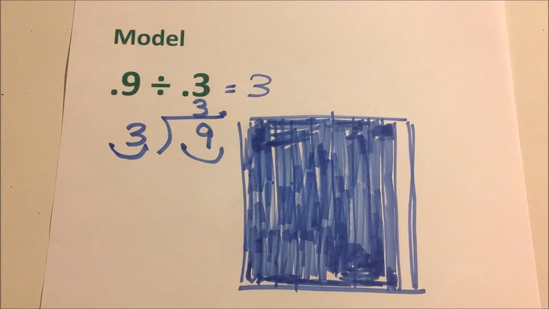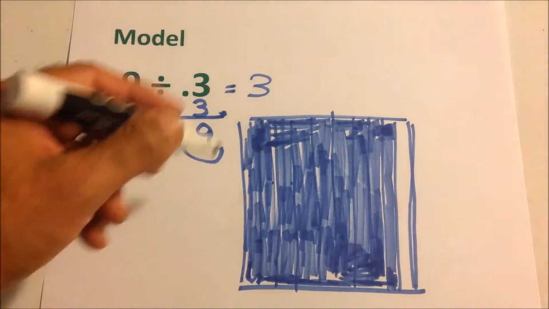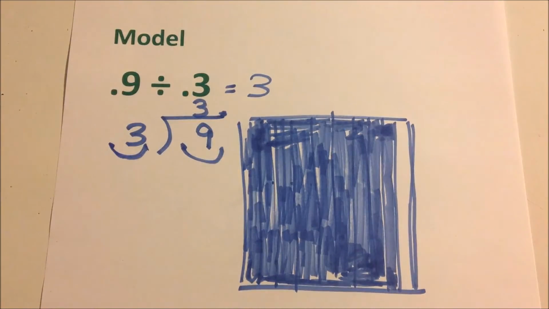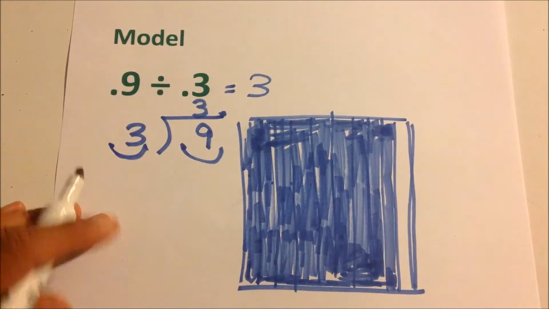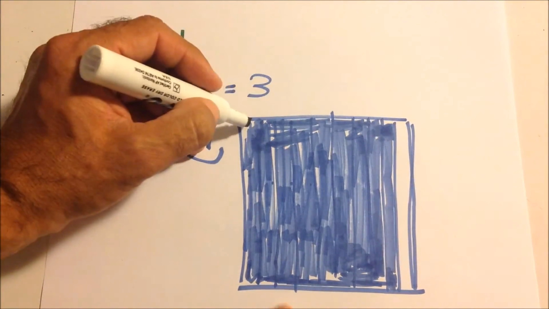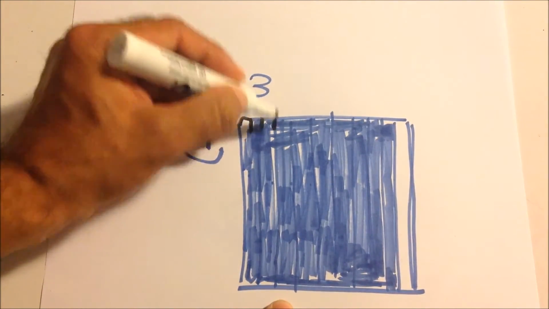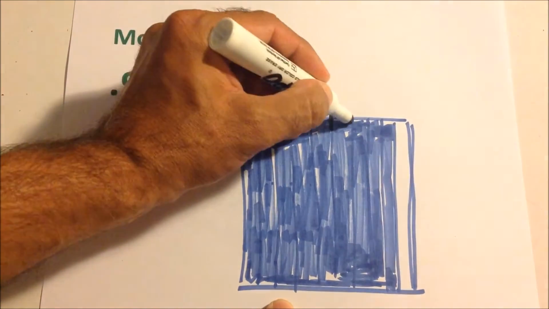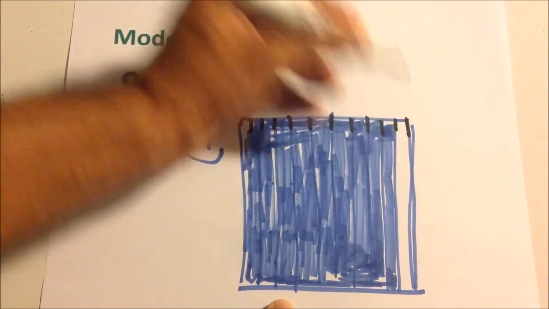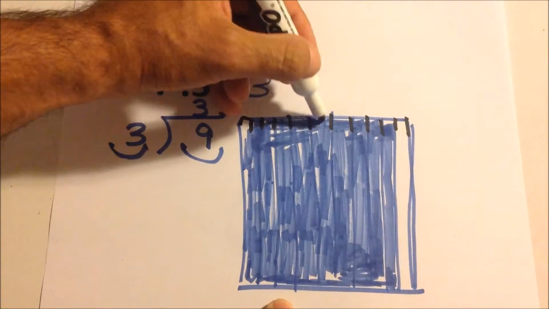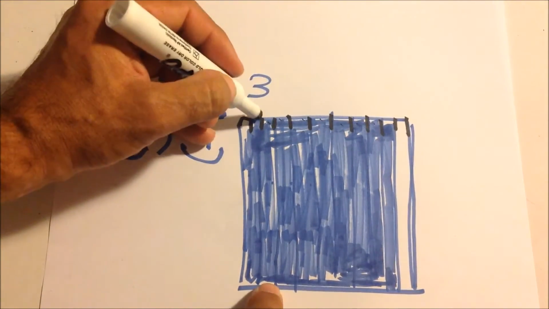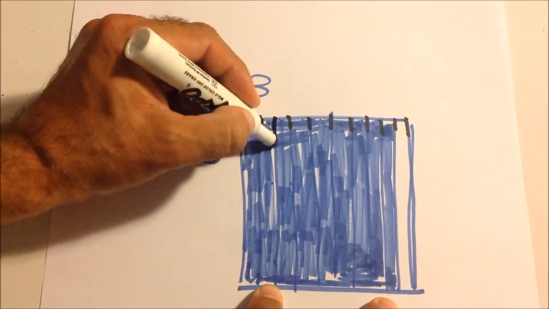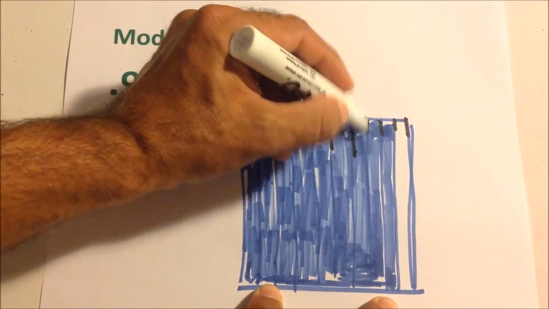So what we want to do with 0.3 is, we'll take a black marker, so we can see the black over the blue. Should have used a lighter color. But the 0.3 is we want to now fill in as many 3/10ths as we can. So in other words, how many groups of 3/10ths can we circle? Let's make sure we have all the spaces first. 1, 2, 3, 4, 5, 6, 7, 8, 9.